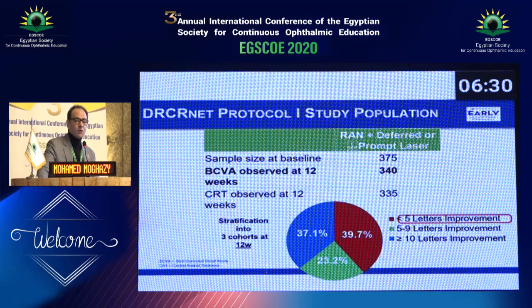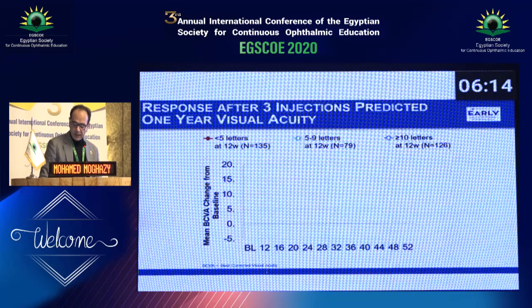If you go through any of the randomized clinical trials, these will be the numbers. It's only one third of the patients who gain those more than 10 letters. And the other majority usually fail the treatment or do not show such a good response.